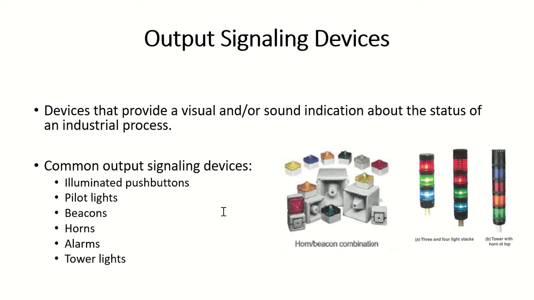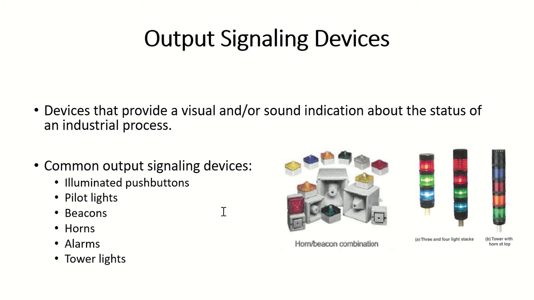An output signaling device is used to get an operator's attention. It could be the conveyor belt's down, so I want to have some sort of a flashy horn strobe or something that lets the operator know, hey, I have to go check out why this system is down.